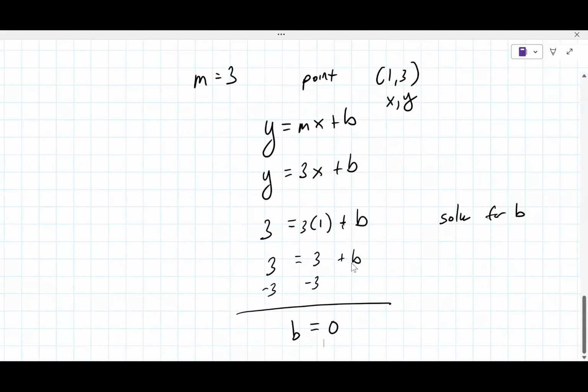All right. So that goes back in here. So it's y equals 3x. You don't put the 0 in. Yep. So go ahead and get this down for part 2. Okay.